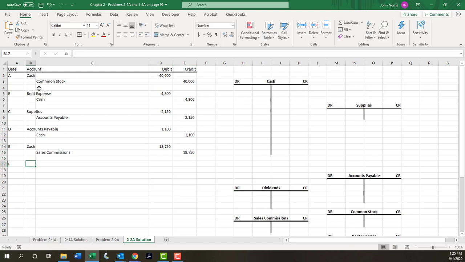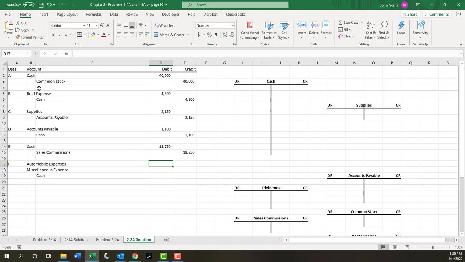F, paid automotive expenses for the month, $7,580, and miscellaneous expenses, $800. So automobile expense and miscellaneous, and we paid it.